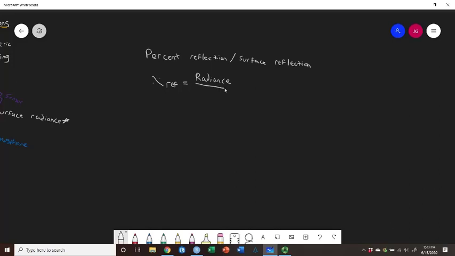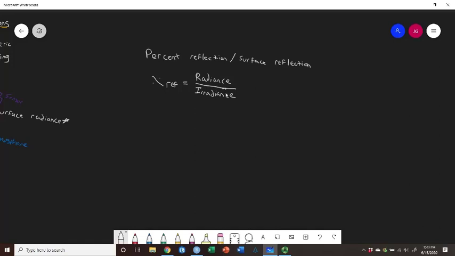Right, the amount of energy going out over irradiance, or the amount of energy coming in. So percent reflection is amount going out over amount coming in, radiance over irradiance.